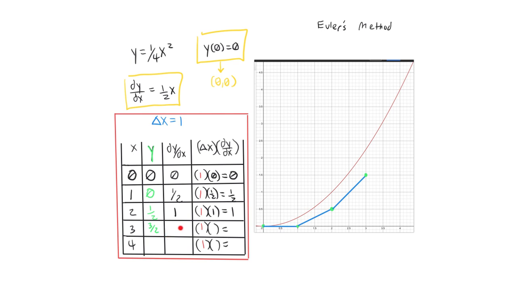And when it comes to this next column, dy over dx, it's going to be 1/2 of 3. Well, clearly that's going to be 3 over 2. So we're going to be multiplying 1 times 3 over 2 right here. And that, of course, is 3 over 2. So what that means is we're now going to have a slope of 3 over 2 emanating out of this point across the step size. Now that is up 3 over 2.